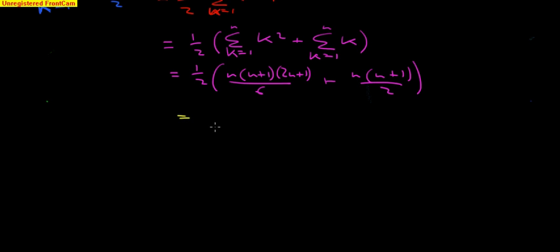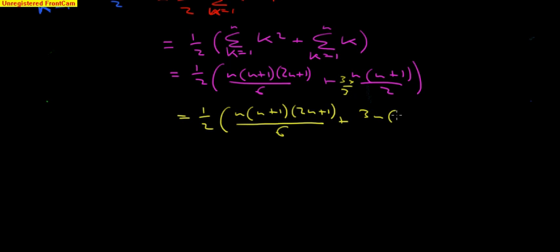I'm going to put these all as 6's on the bottom. To make that 3, you have to multiply top and bottom by 3. And we get 3n times n plus 1 over 6. And now we can take the 6's out and we get a 12th.